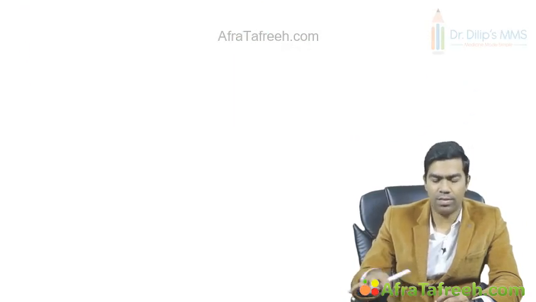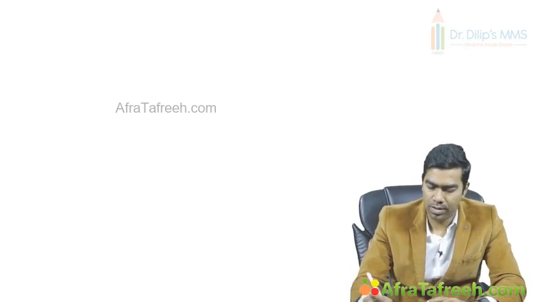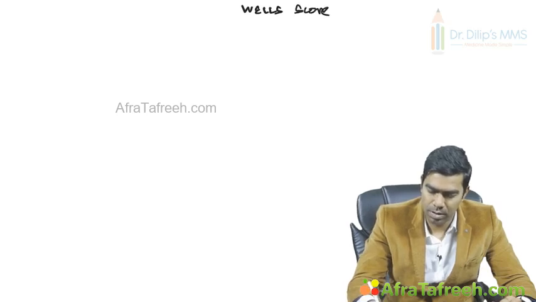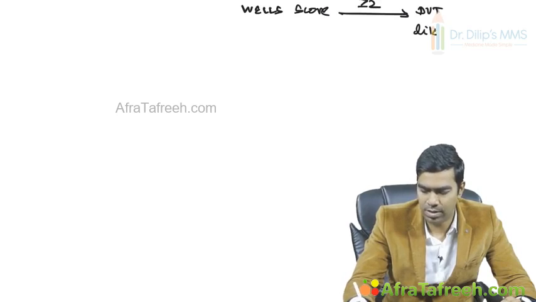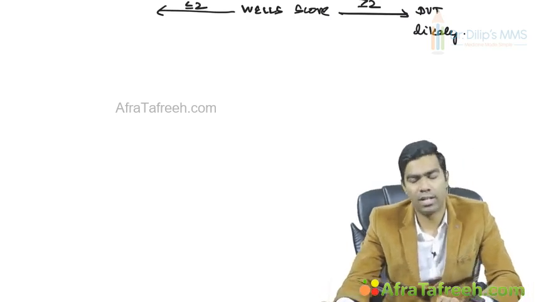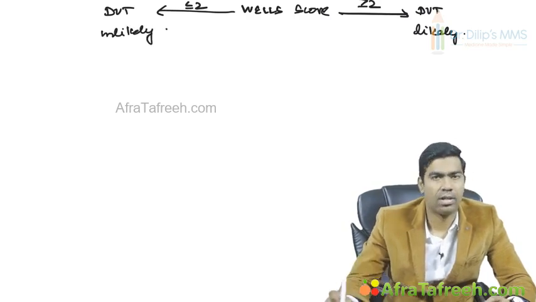How are we going to evaluate? Let's put an algorithm. First, see the Wells score. If the Wells score is more than or equal to 2, you know that the DVT is likely in this patient. Or if the Wells score is less than 2, you know that the DVT is unlikely in this patient. Clear?